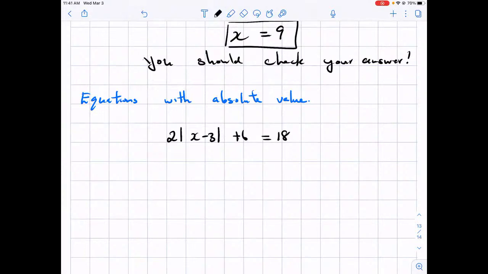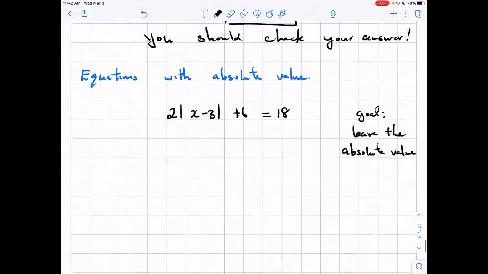So this is very similar to the roots. Remember, your goal is to leave the absolute value notation by itself.